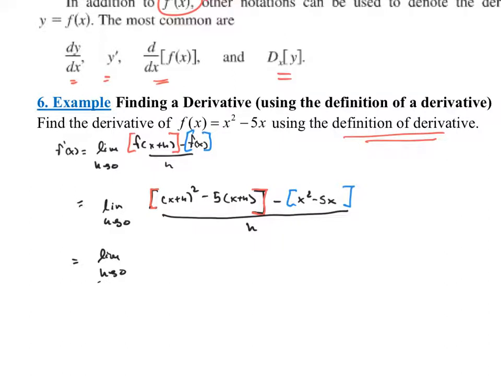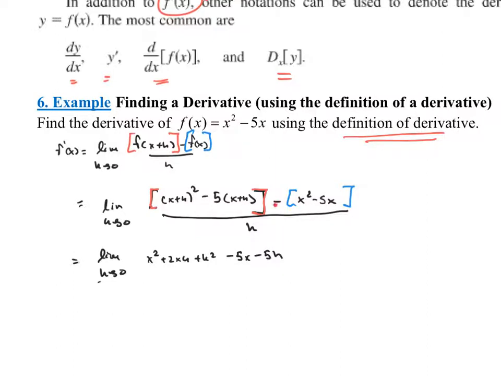Let's go ahead and FOIL out that x plus h squared right here at the beginning. X plus h squared is x squared plus 2xh plus h squared when you FOIL that out. Now I'm going to look at the next part. I have that minus 5 times x plus h. I'm going to take that minus 5 and distribute it through to both of them. So that's going to be minus 5x, and then minus 5h.